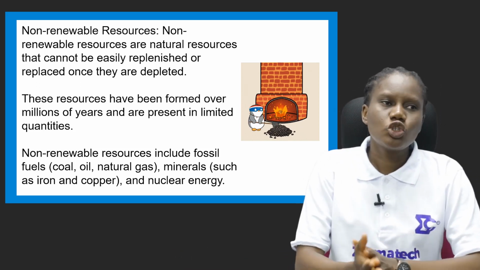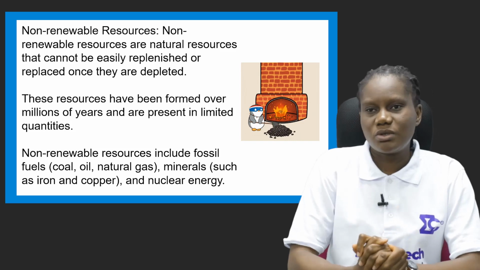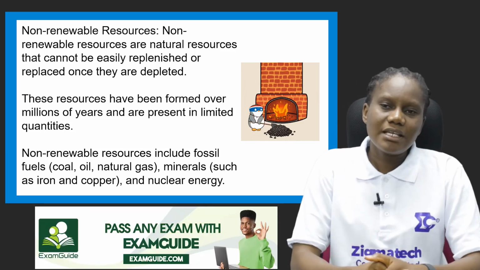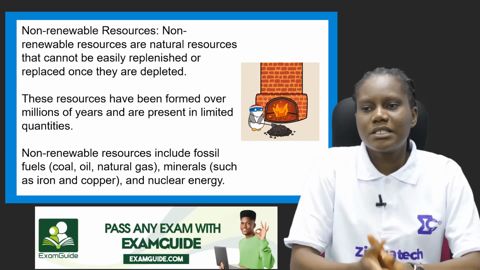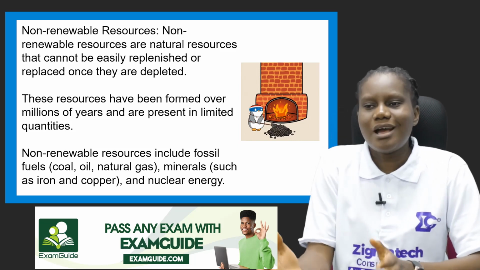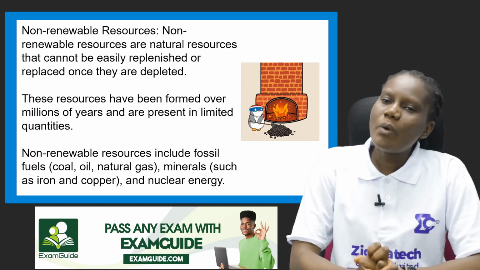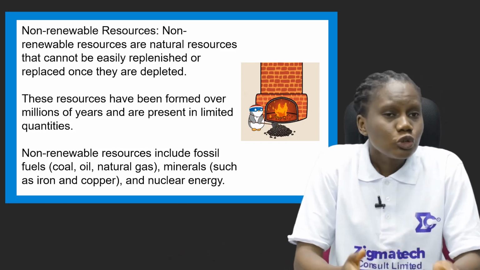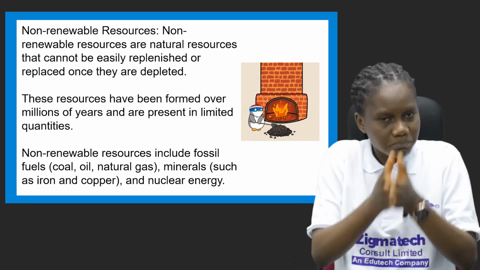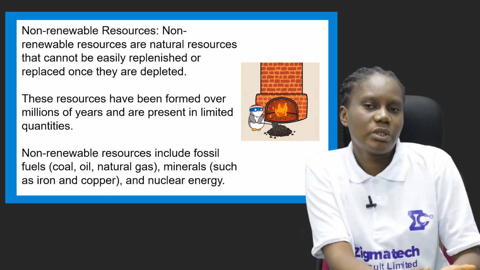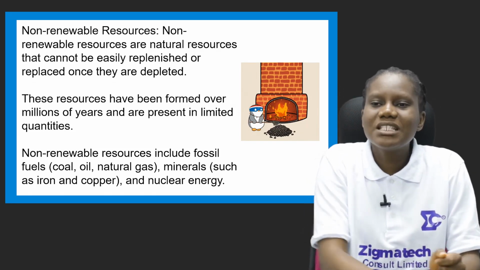So let's look at non-renewable resources very quickly. You should also already know by now that the non-renewable resources are direct opposites of renewable resources. When we are talking about non-renewable resources, they are also natural resources, just like our renewable resources, but they cannot be easily replenished.